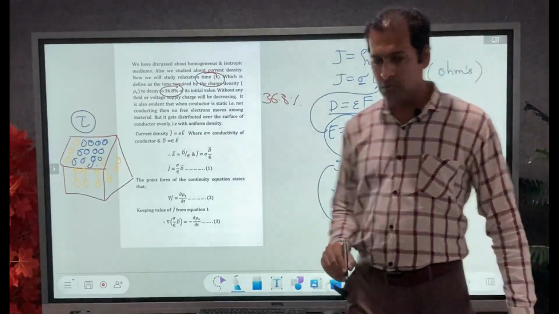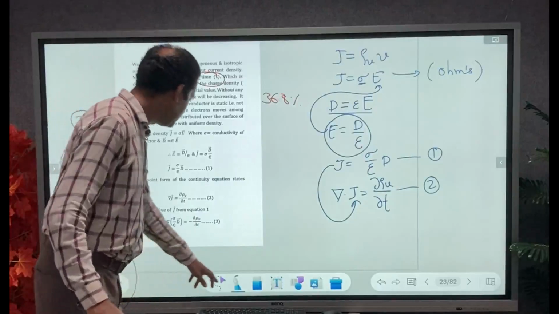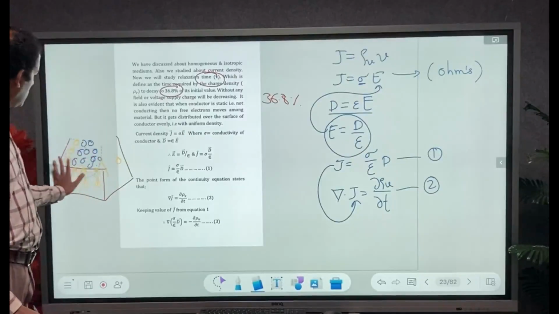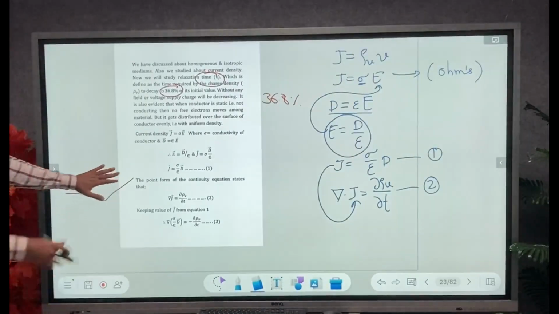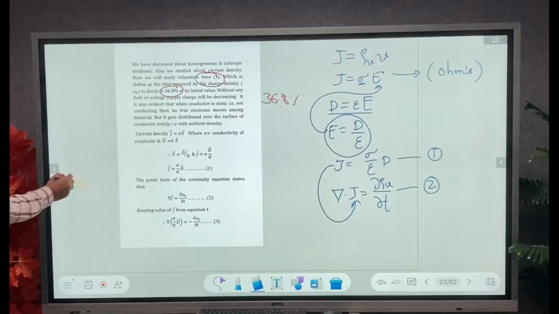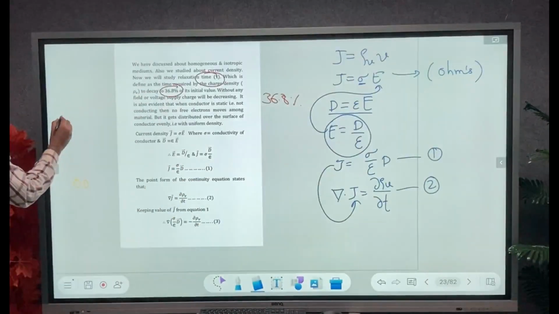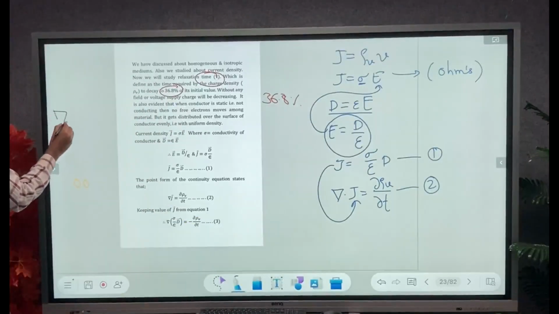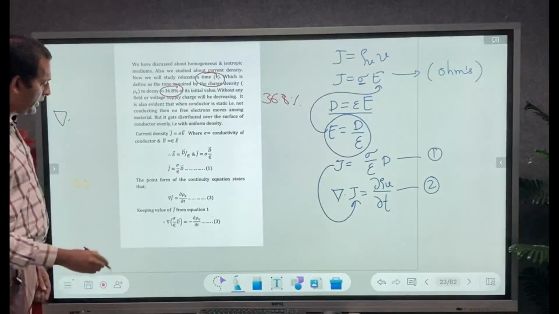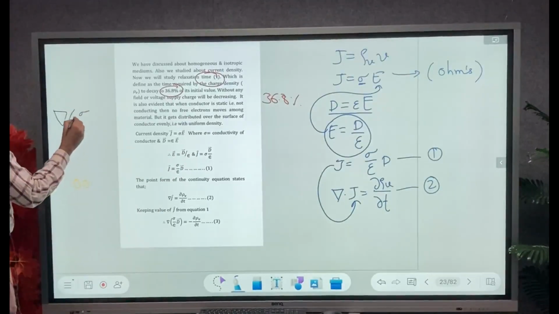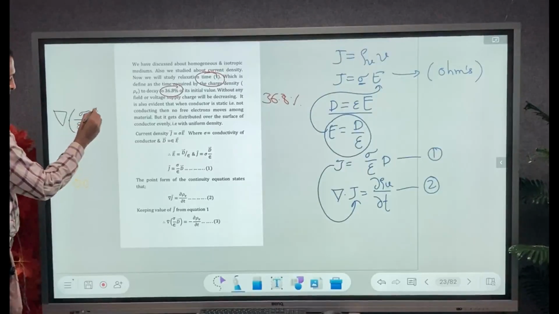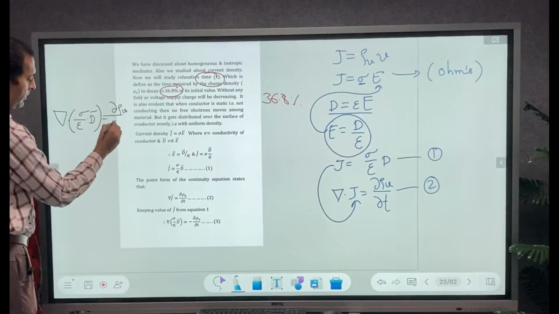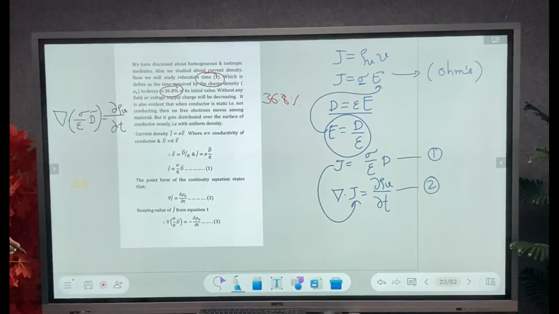So del dot of sigma by epsilon into D bar is equal to minus dou rho V by dou T.